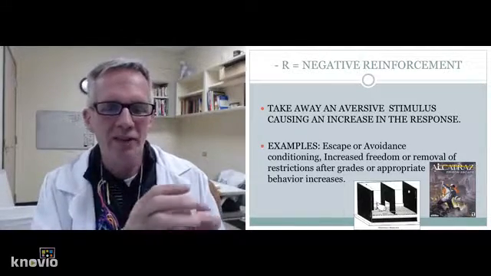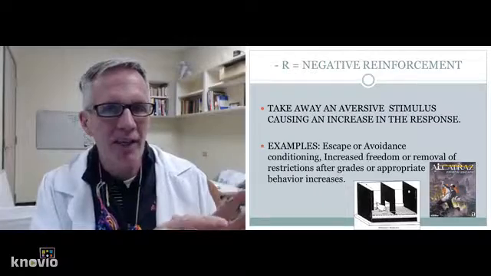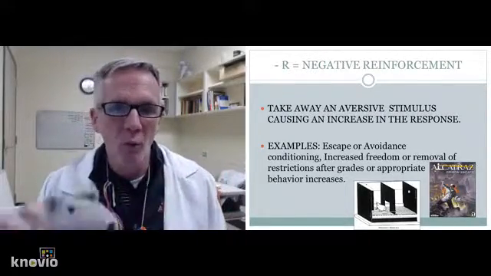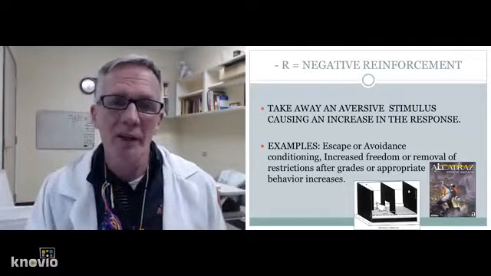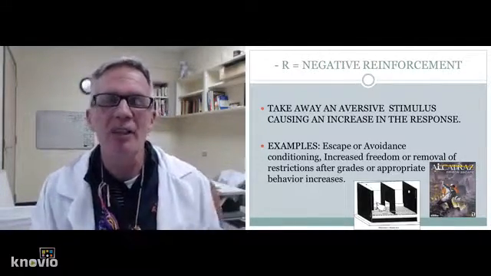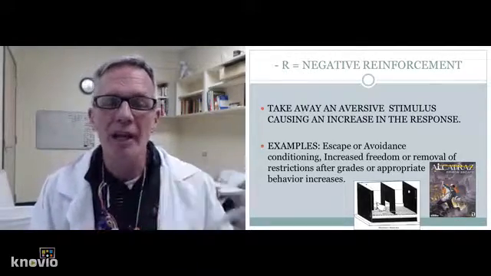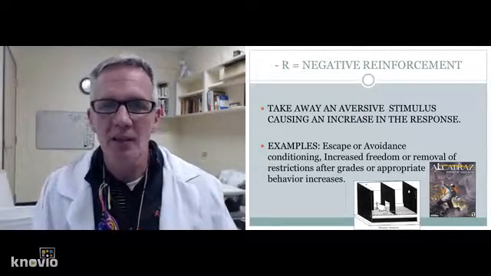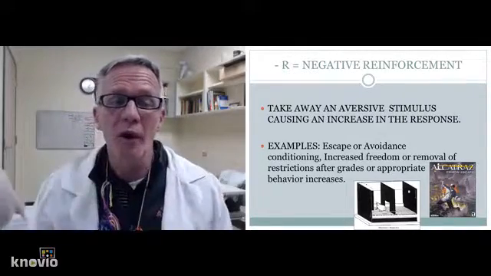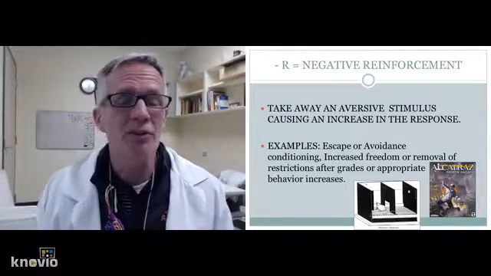And that rat is sitting on one side of the cage. A light comes on and then a shock begins, and the rat runs through that little doorway to get to the other side. That's escape behavior. He's removing the bad stimulus. He's going to increase his running behavior with that light coming on. When the light comes on and he avoids the shock altogether and runs away, that's avoidance conditioning, which is negative reinforcement.